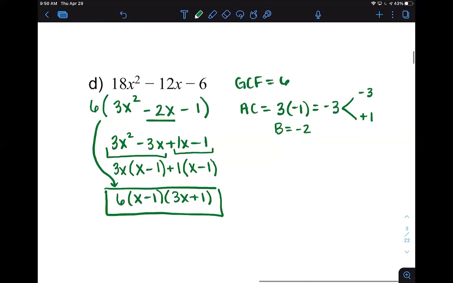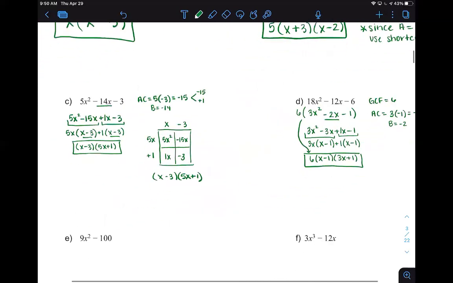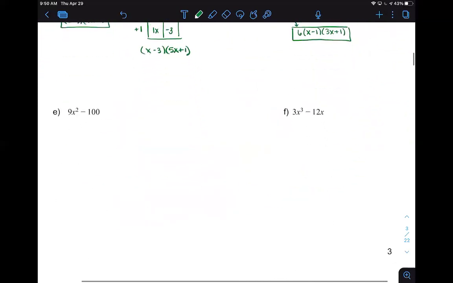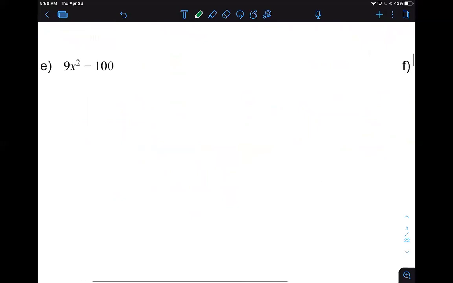All right. Looking at E. 9x squared minus 100. We have two terms. Is there a GCF? No. We can't really do AC here because there's not three terms. So this is where we're doing difference of squares. The square root of 9x squared is 3x.